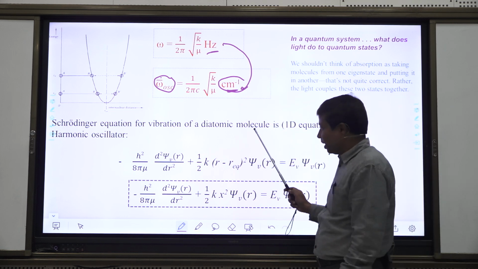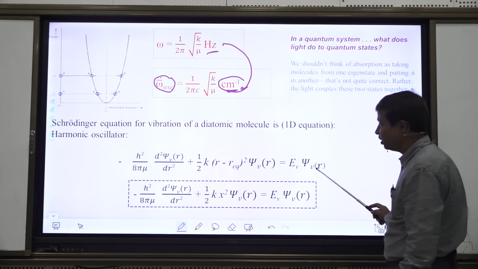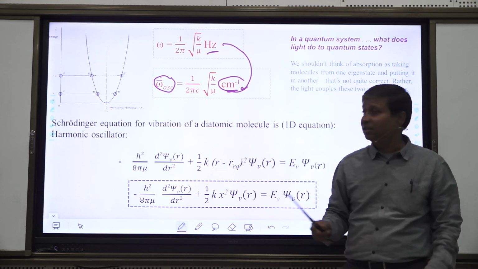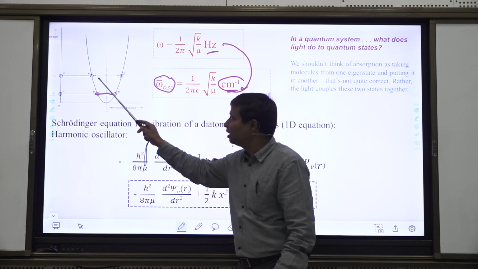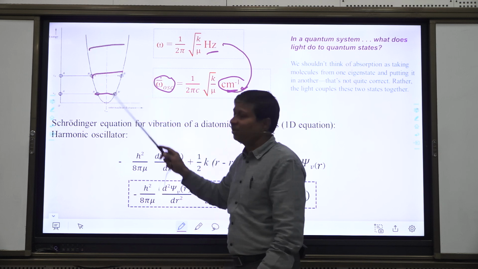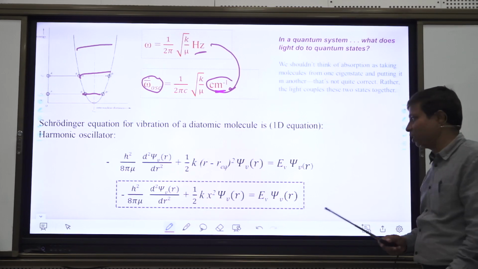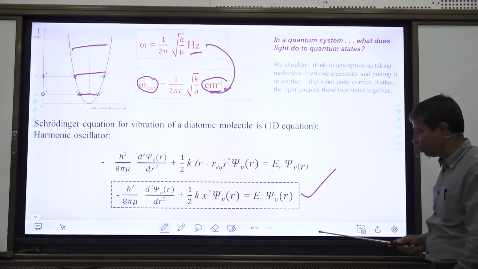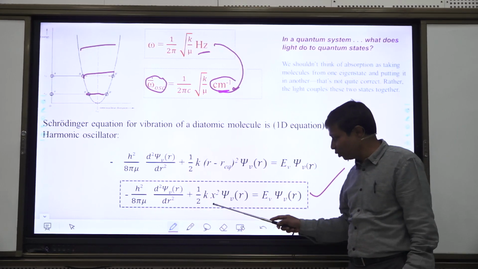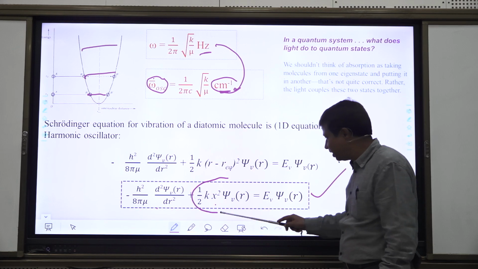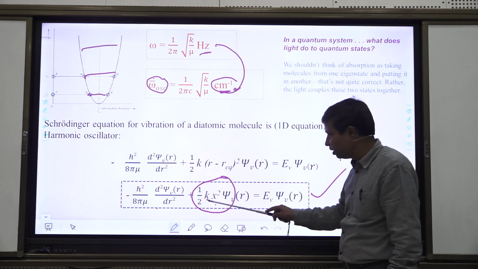Now we have to solve the Schrodinger equation to get the energy levels. These are the energy levels we have to get. The energy levels come out of the solution of the Schrodinger equation. So this is the Schrodinger equation, with potential energy, kinetic energy, and this is the energy term that you will be replacing.